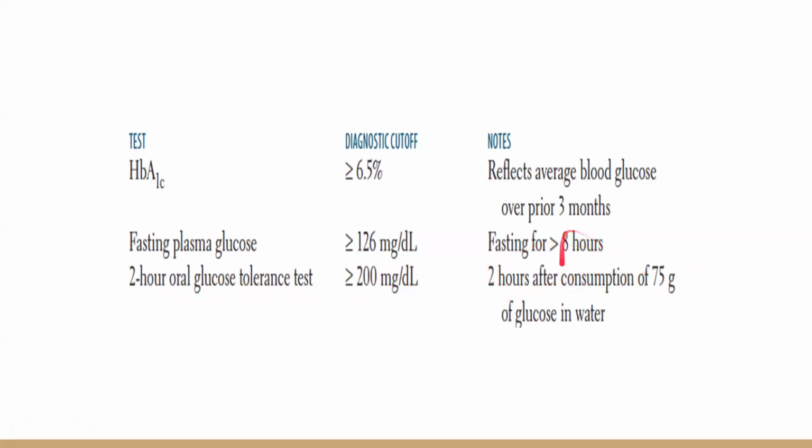Then they make the patient consume 75 grams of glucose in water. 2 hours after consumption, they measure blood glucose levels again. If they are greater than or equal to 200 milligrams per deciliter, that means it's most likely diabetes. And that makes sense because insulin is going to immediately act to clear the glucose, but if you don't have insulin or your insulin isn't sensitive enough, it won't happen. So you do have diabetes.